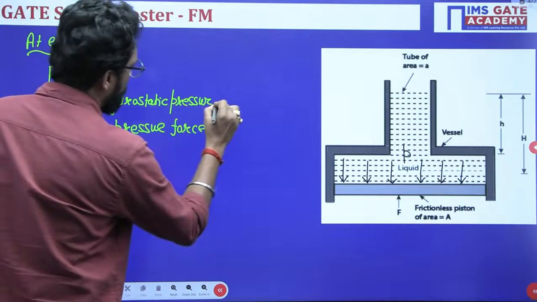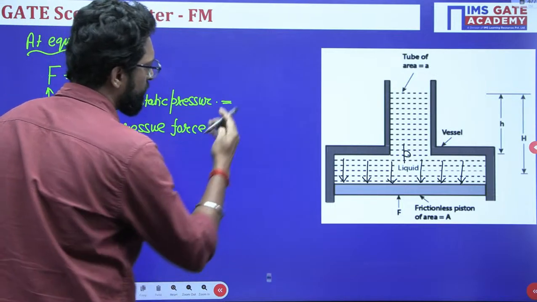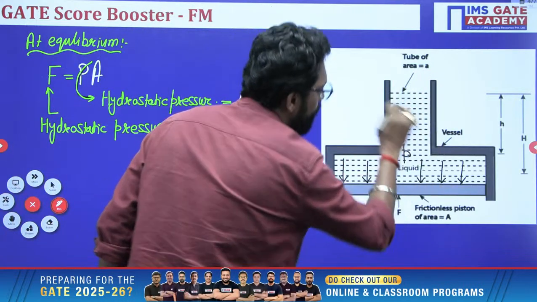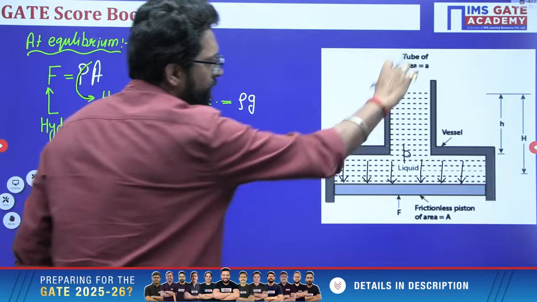What is this hydrostatic pressure? It is the density of the fluid, rho, times g, times the height from the free surface. How much is that height?